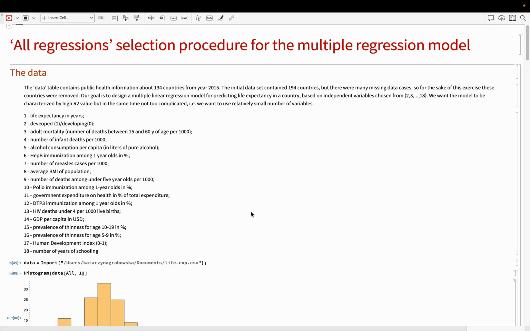There are several procedures to choose a good subset of independent variables. We start with discussing the model which is called all regressions model.